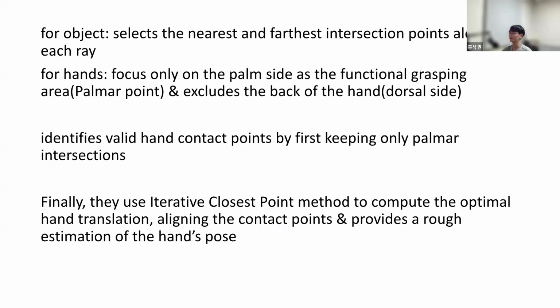And this is the optimization process. It identifies valid hand contact points by first keeping only palmar intersections, because we don't need the back of the hand side when the object and hand are interacting. And finally, they use the iterative closest point method to compute the optimal hand translation, aligning the contact points and providing a rough estimation of the hand pose.